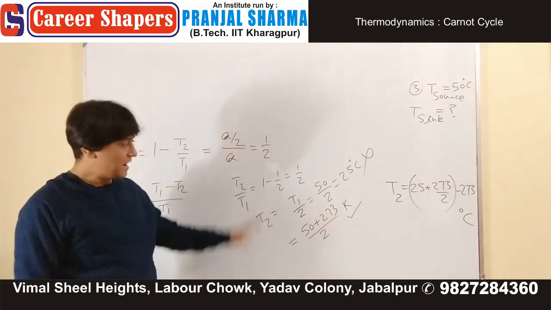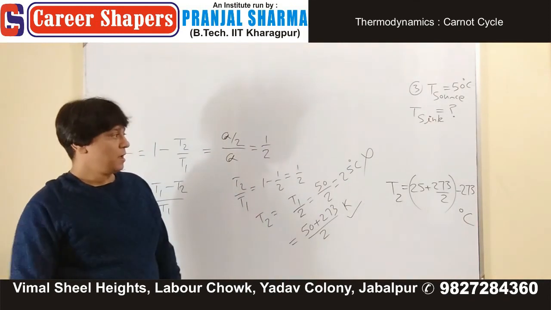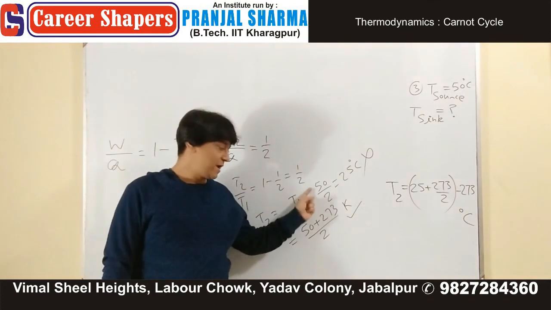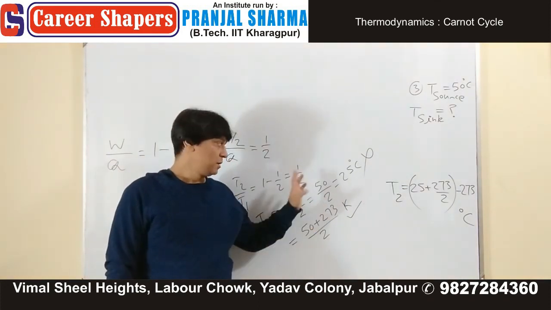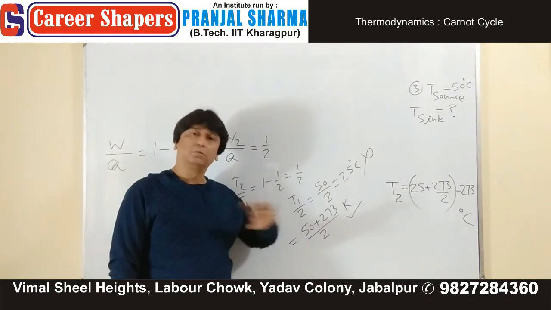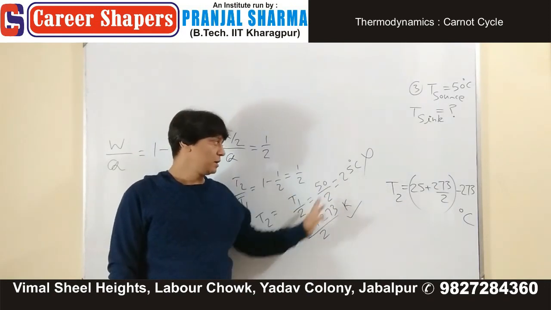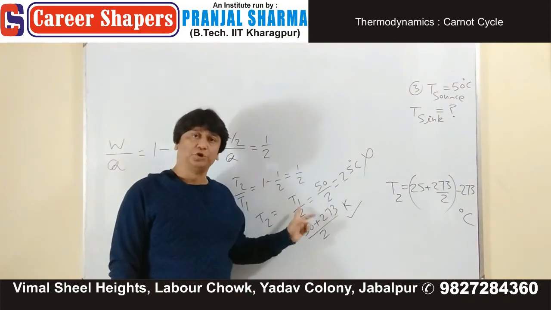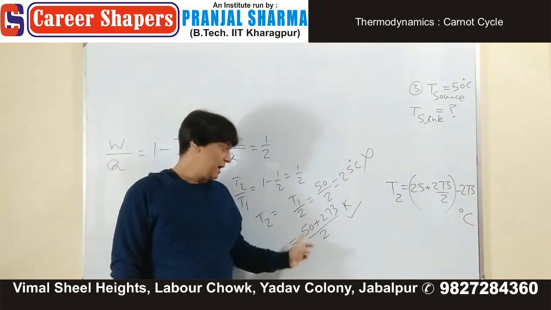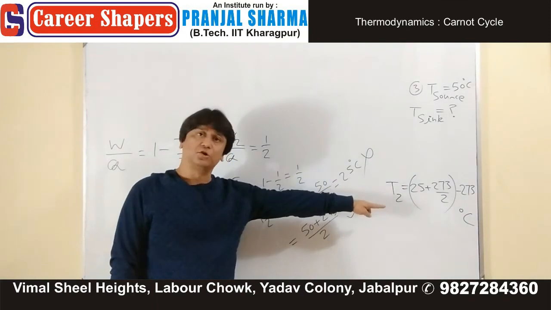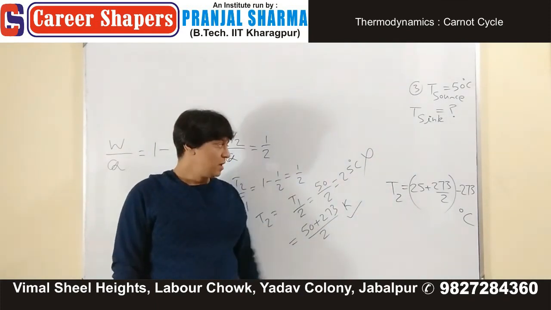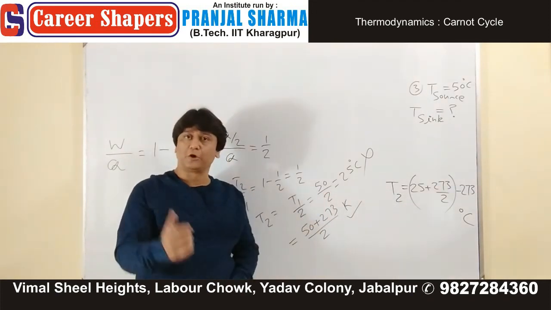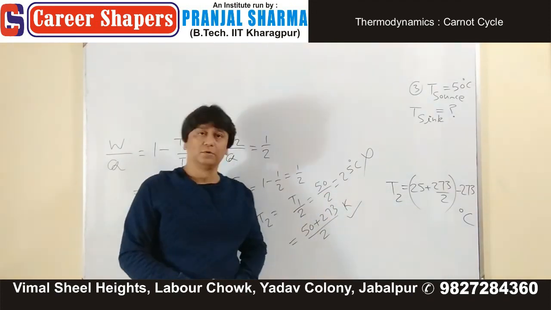I hope you understand the whole thing. The kind of silly mistake normally people commit. Directly divide by 2 is not allowed. The temperatures are in Celsius. You need to convert them into Kelvin first and then convert them back into Celsius. If you understand this whole thing, then write down yours in the comment box and then you can leave. Thank you very much.